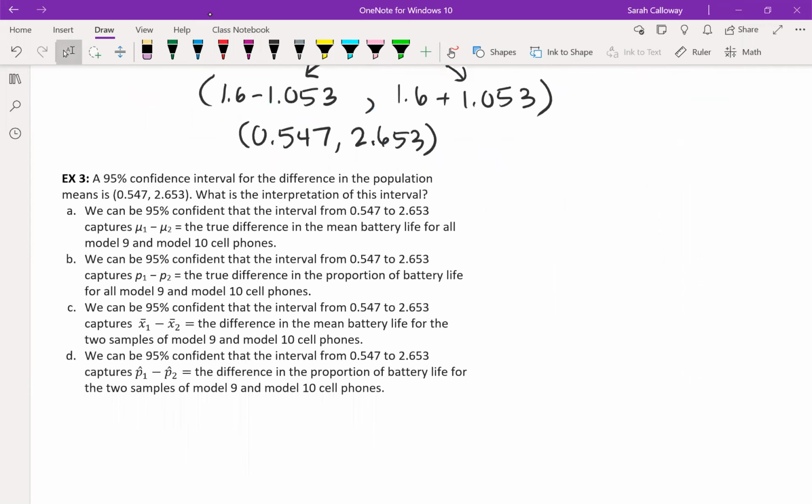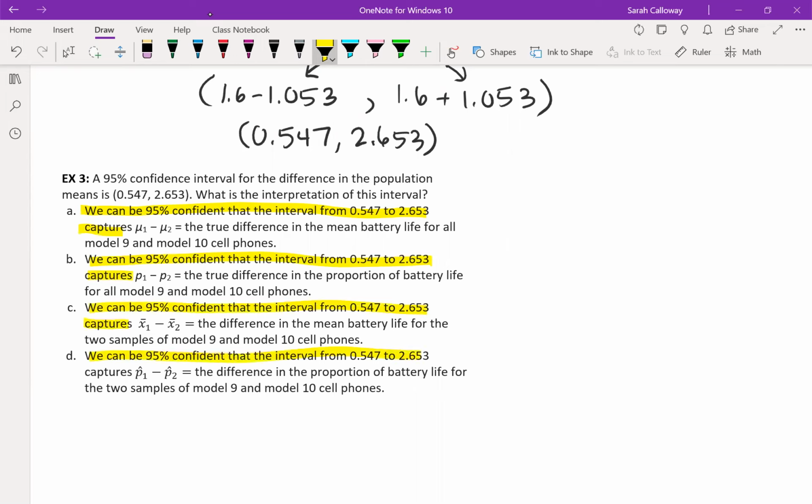Remember that the definition of a confidence interval is that we can be 95% confident that this interval estimates something. If I look at the difference between these answer choices, this part is all the same: we can be 95% confident that this answer captures something.